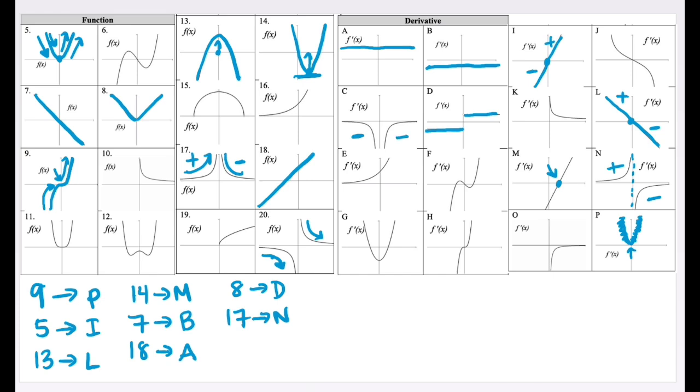So 20 is going to match up with C. 16 is an exponential. And you know with exponentials, the derivatives are the same. So 16 is an exponential graph, which means its derivative is going to pretty much look exactly the same. So 16 is going to be E.